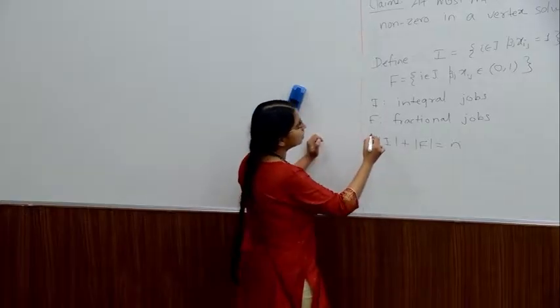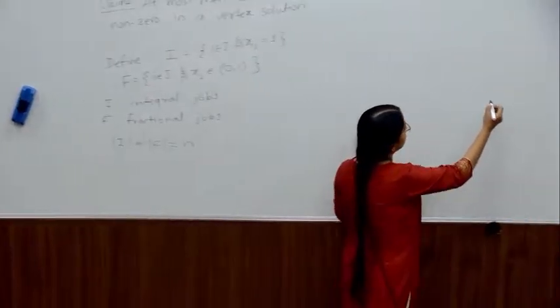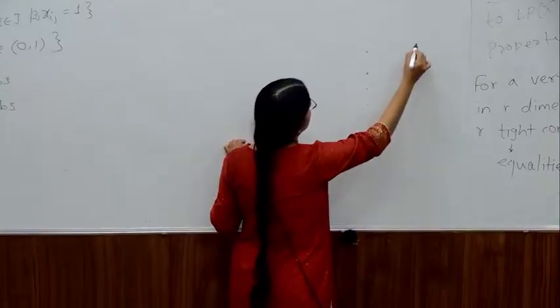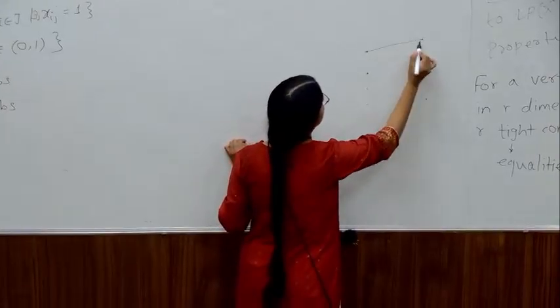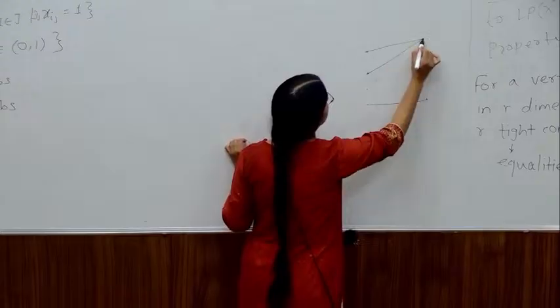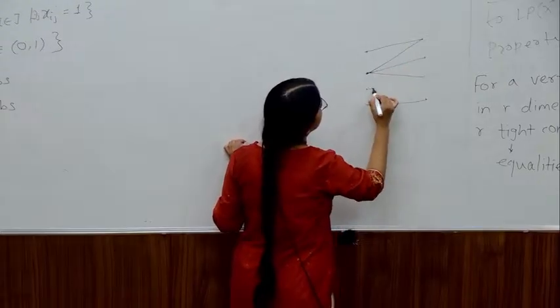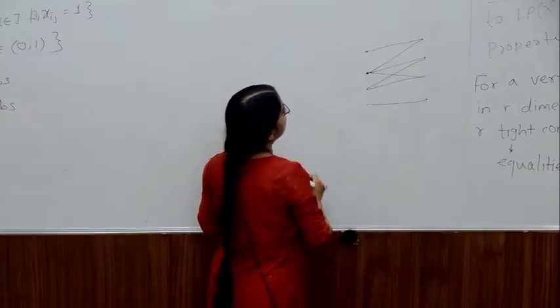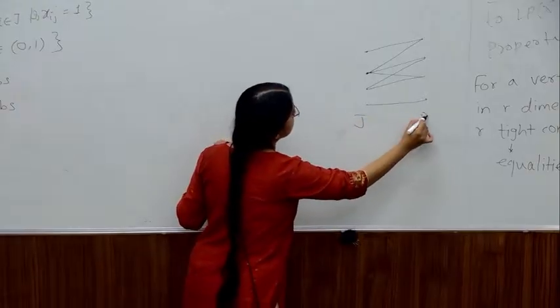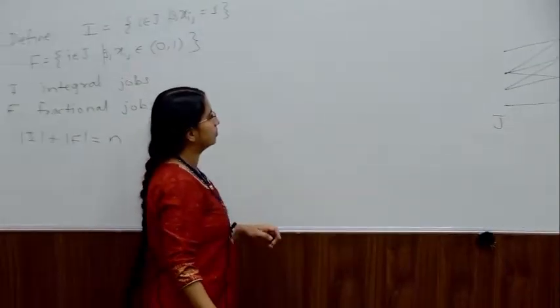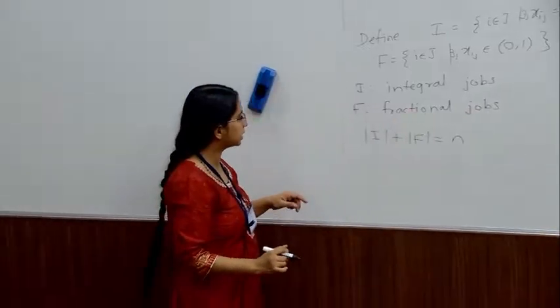So again, this bipartite graph that we were looking at will turn out to be useful. Some jobs are integrally assigned and some are fractionally assigned by the LP. So again, this is the J side, this is the machine side, and the edges only focus on non-zero xij's.